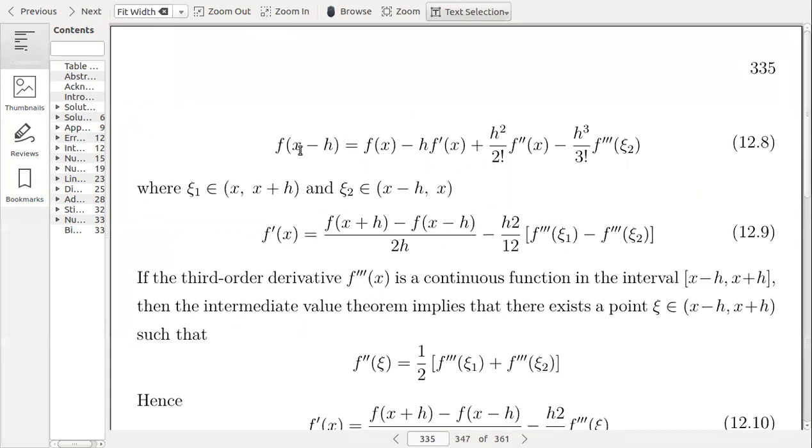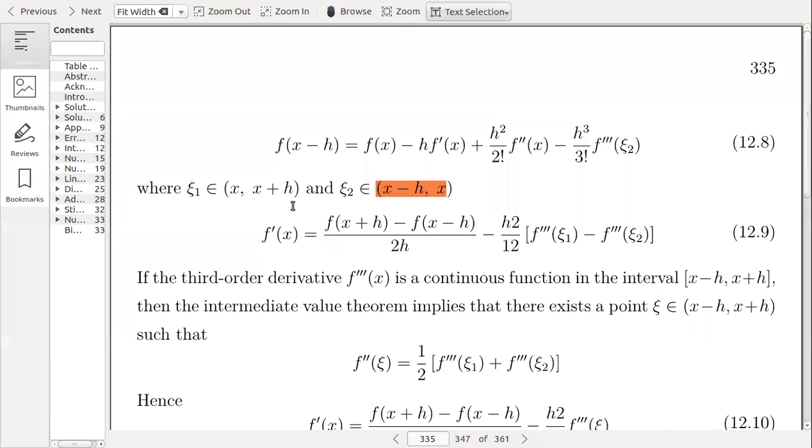Then f of x minus h is equal to f of x minus h f prime of x plus h square over 2 factorial f double prime of x minus h cube over 3 factorial f triple prime of xi2. Here xi1 belongs to the interval x to x plus h and xi2 belongs to the interval x minus h to x.